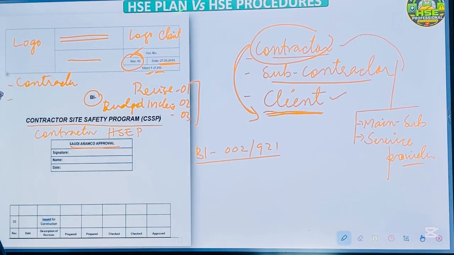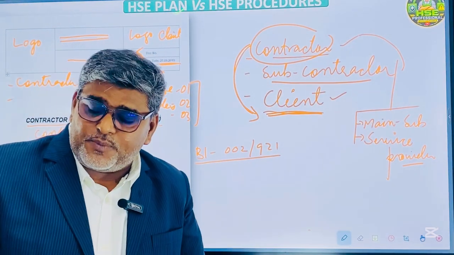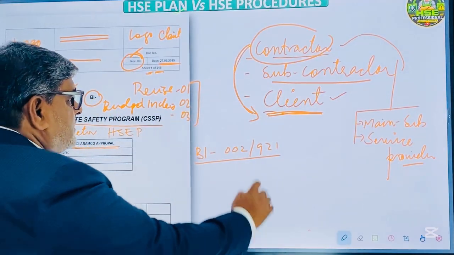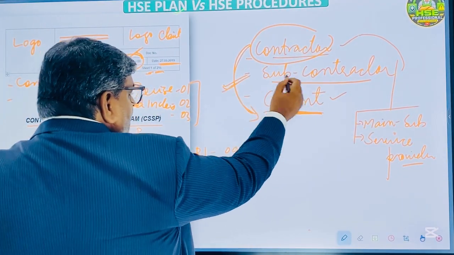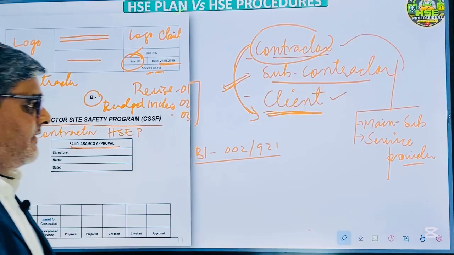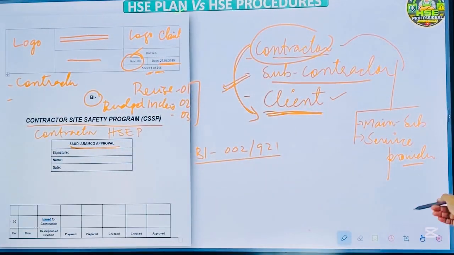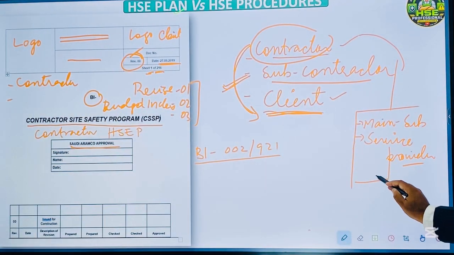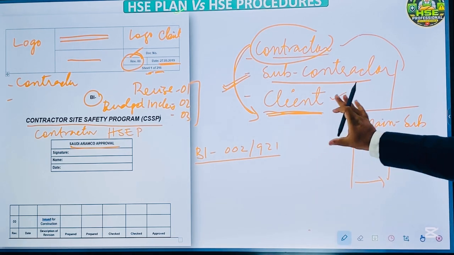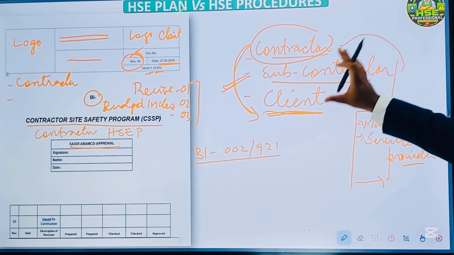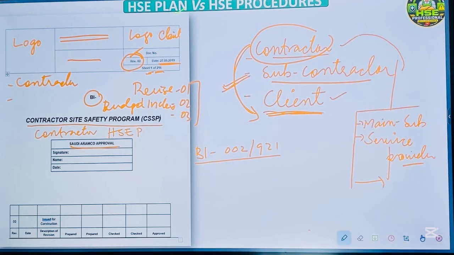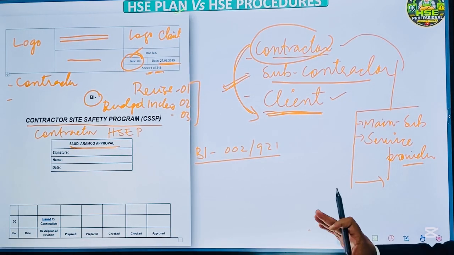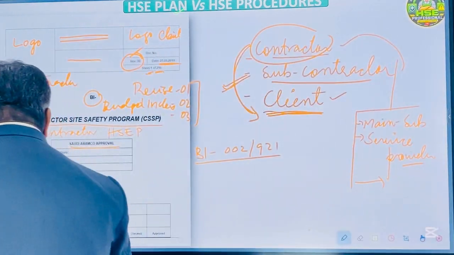Then the contractor will come to know that the document is approved, and it needs to be distributed to subcontractors and all the relevant main subcontractors, service providers, or others. Okay, this is the approved procedure and you need to follow it because we are the main contractor. Okay, clear? Let's move forward.